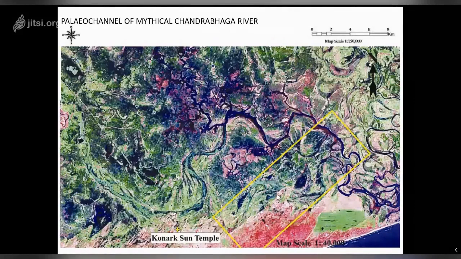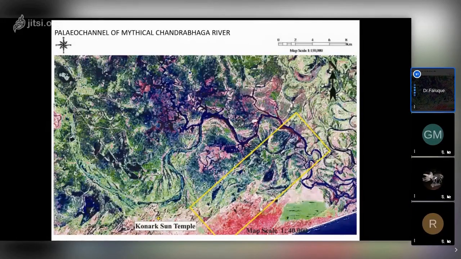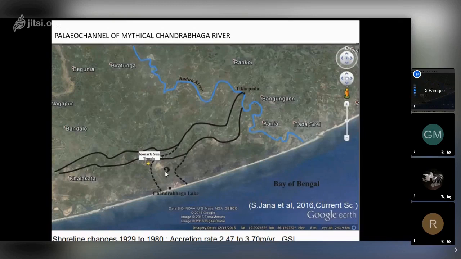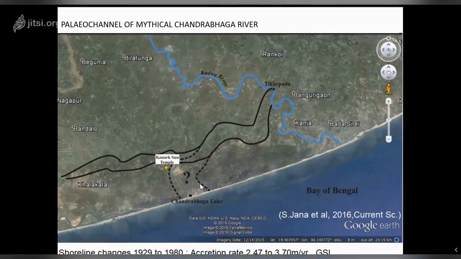They have come to the conclusion that this river, Chandrabhaga, is meandering to the north of the temple. They are still not very sure of its joining the sea here, where the Chandrabhaga Lake now exists, and where devotees come and assemble close to the beach.